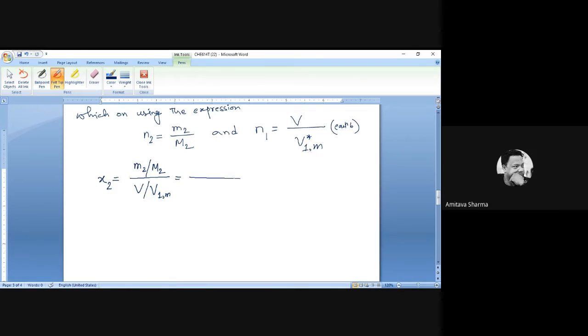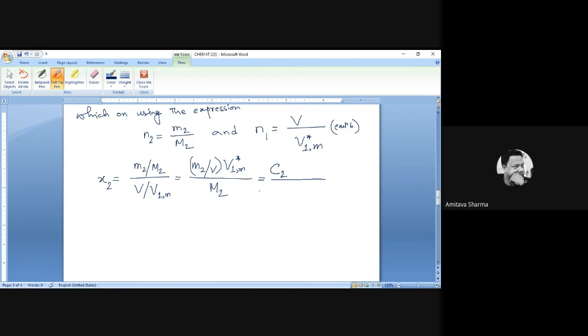So suppose I write m2 by V, and V1m, the molar volume of the solvent, and M2 remains in the denominator. The upper part, m2 by V, is actually c2, mass per volume, or mole per volume, gram per volume, whatever it may be.